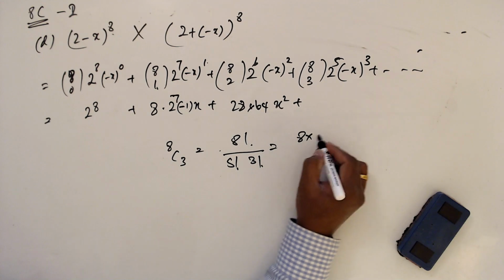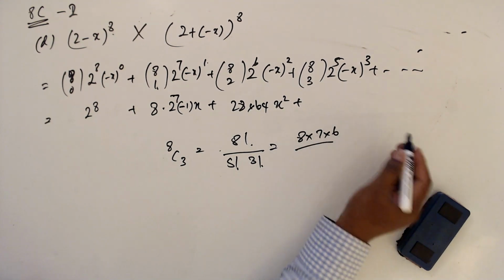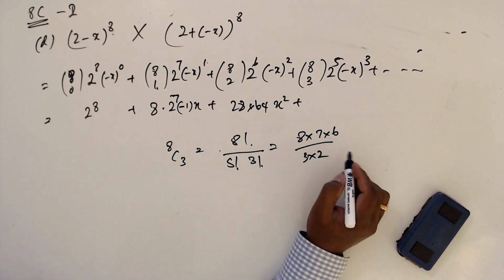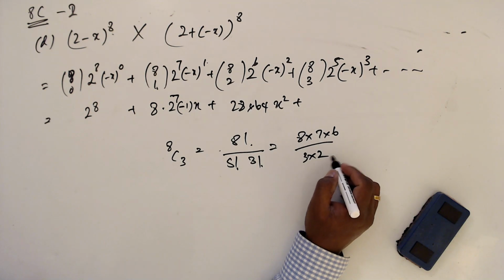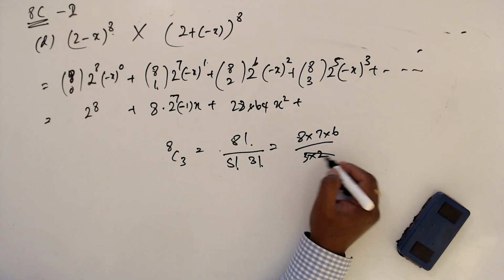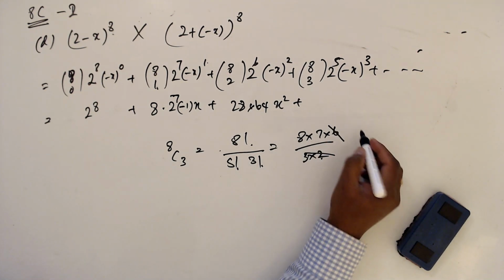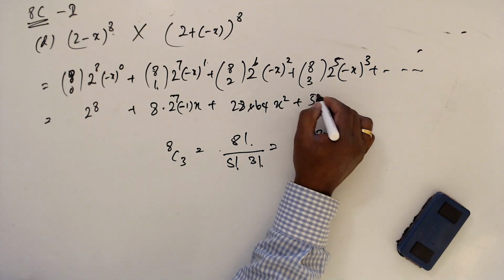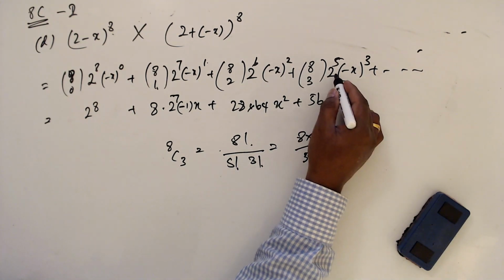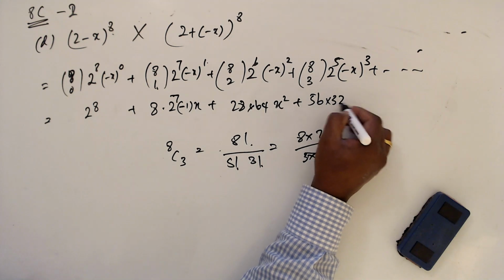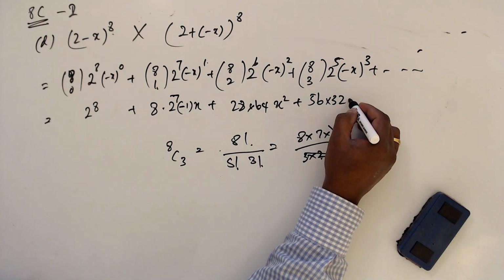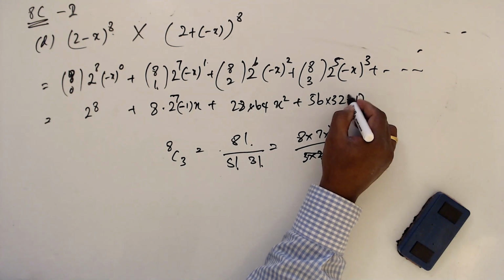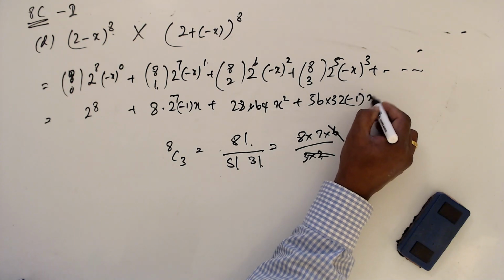This is 8 times 7 times 6 over 3 times 2, and the 6 cancels out, so 56. And then 2 to the power 5 is 32, and this is minus 1 times x cube.